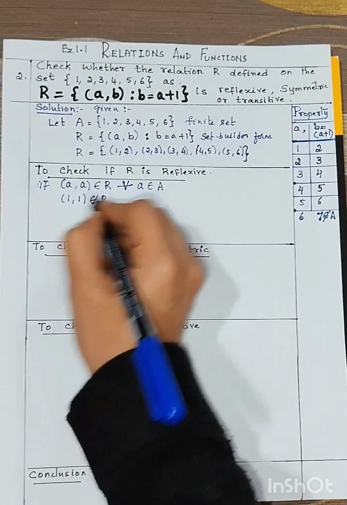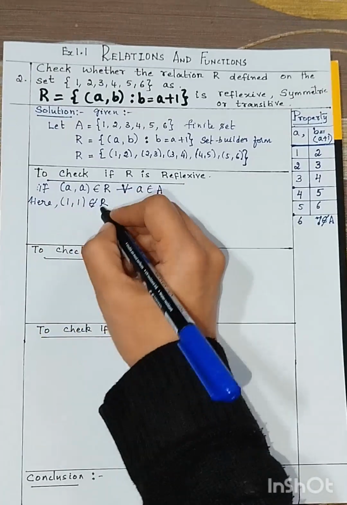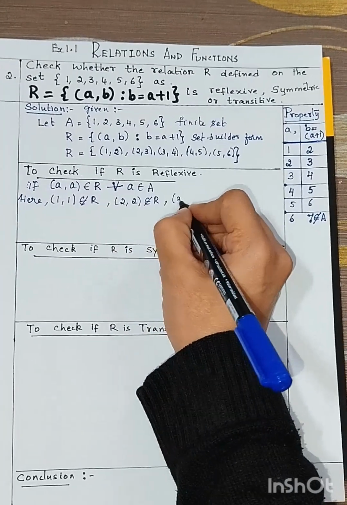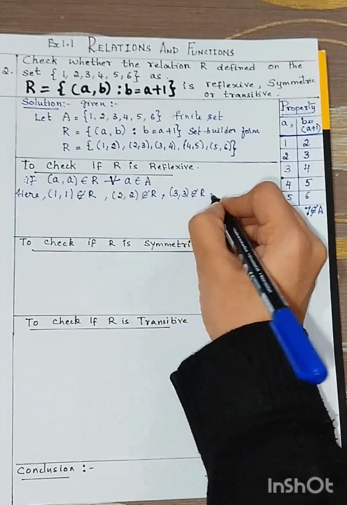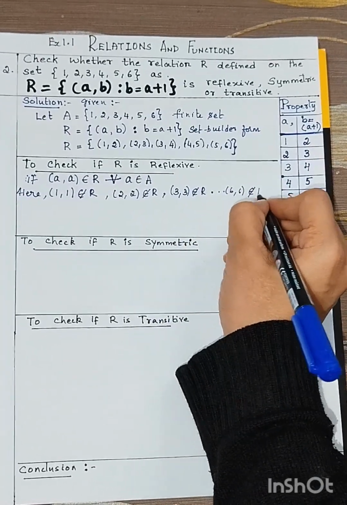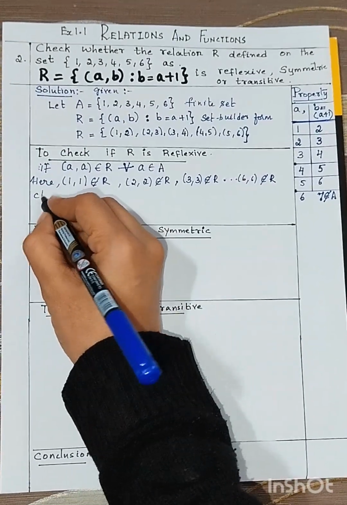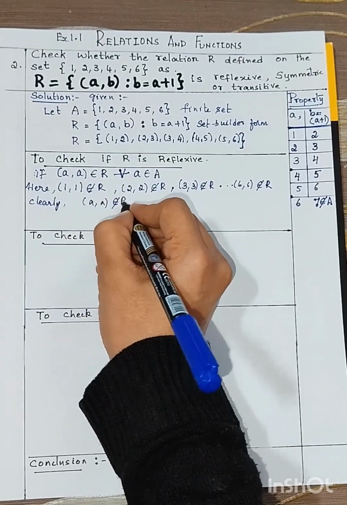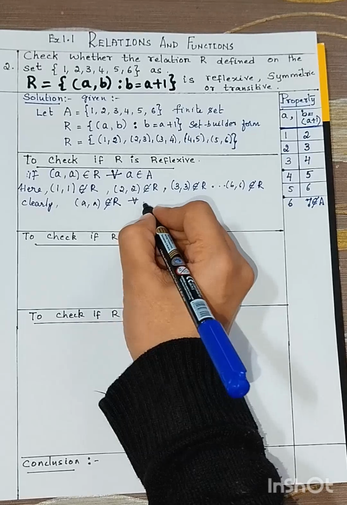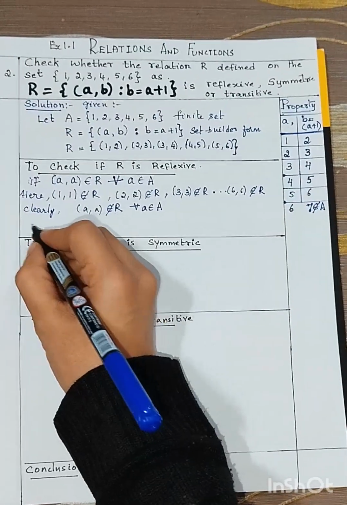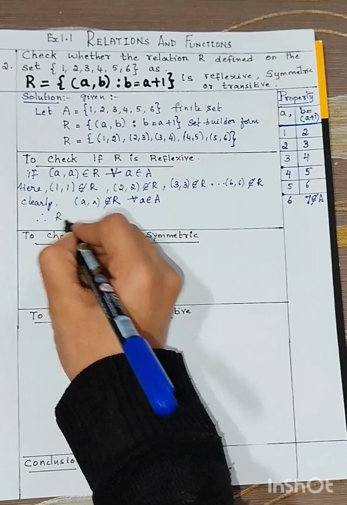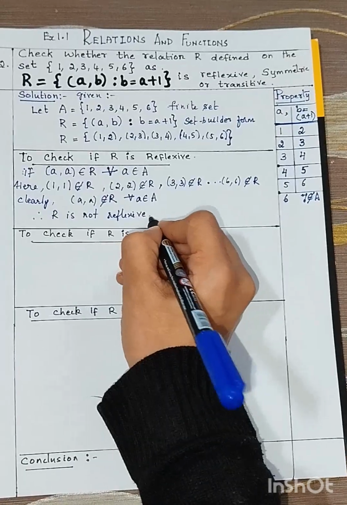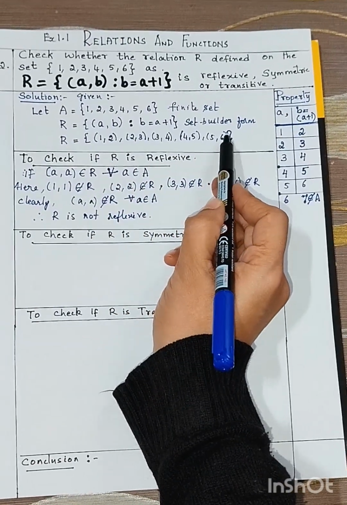This does not belong to R. So we'll write here (1, 1) does not belong to R, (2, 2) does not belong to R, and so on, (6, 6) does not belong to R. So clearly (a, a) does not belong to R. You take any element, for all the element a belongs to A. So what we can conclude here, therefore R is not reflexive. This relation is not reflexive.